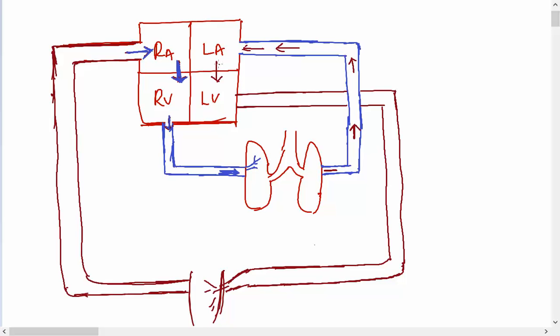Once they enter the left atrium, then it goes from the left atrium to the left ventricle. From the left ventricle, it goes to the aorta. Then it is going to the arteries.